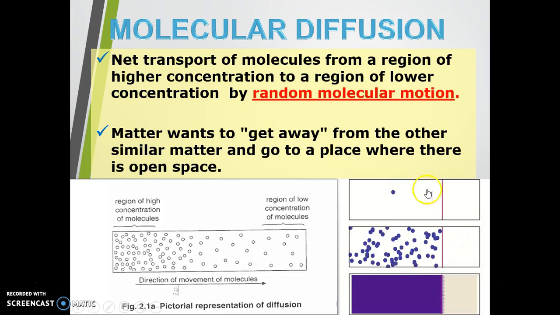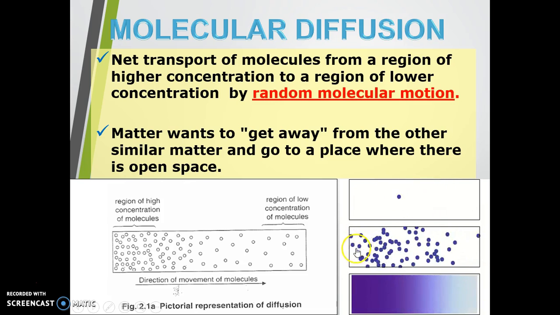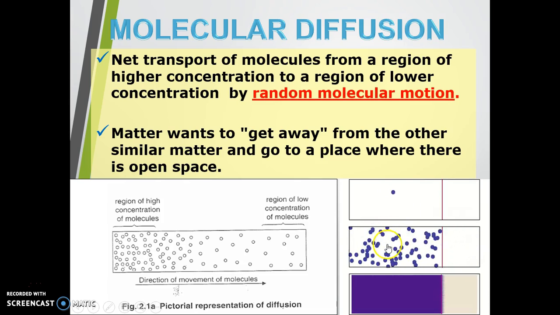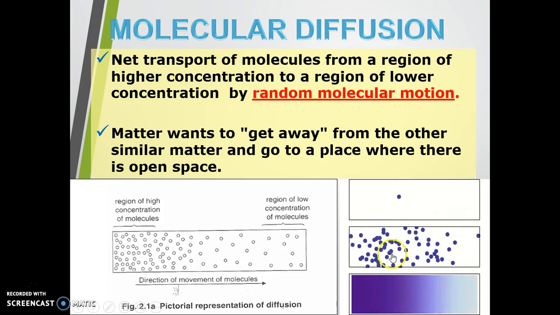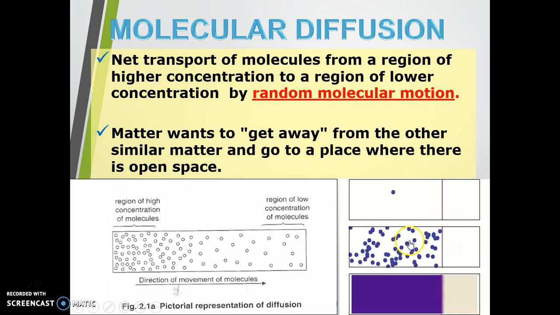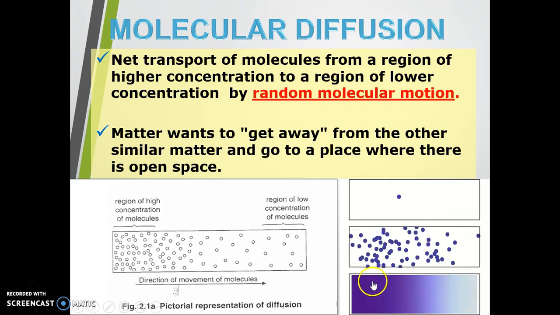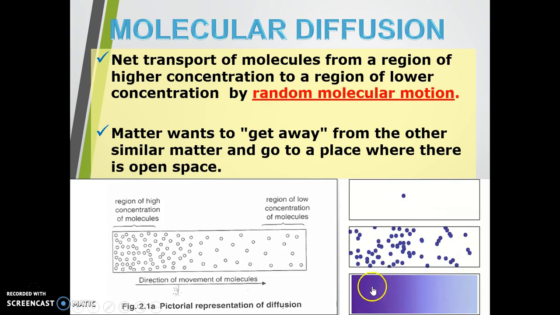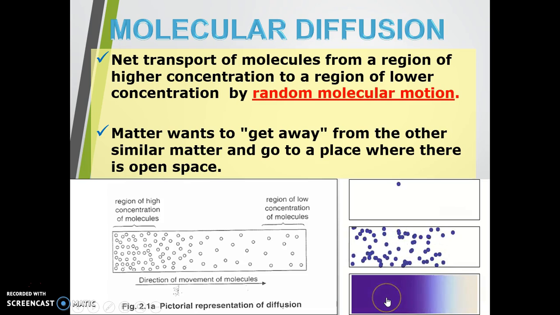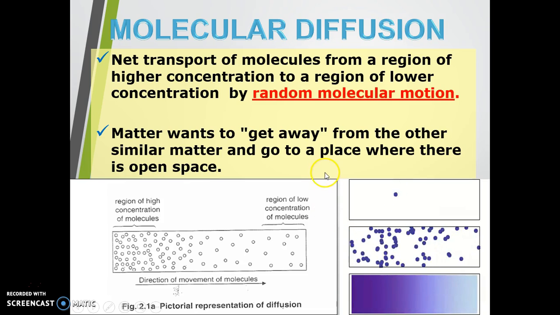And for this kind of animation, it shows that the first box is for unimolecular diffusion, and this is multimolecular diffusion, where at this point it is really high concentration of these molecules, and it is separated by this barrier. Whenever the barrier is removed, the higher concentration of molecules will move towards the lower concentration of molecules until it is uniformly distributed, which means that there is no net transfer from one point to another point.